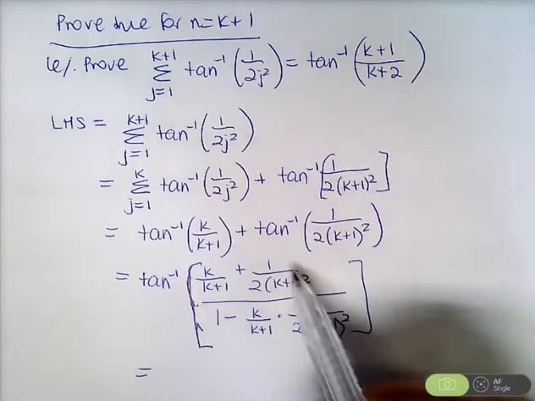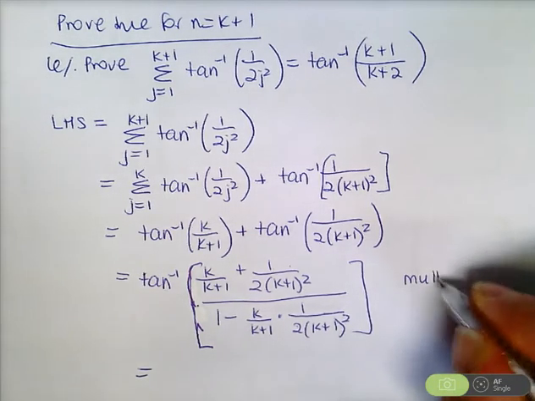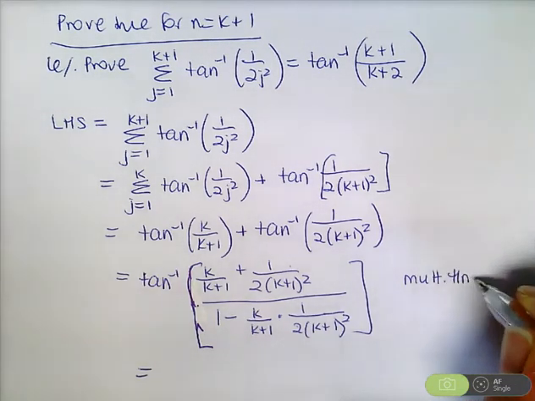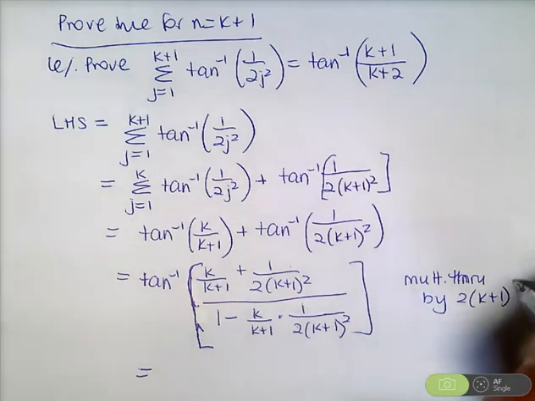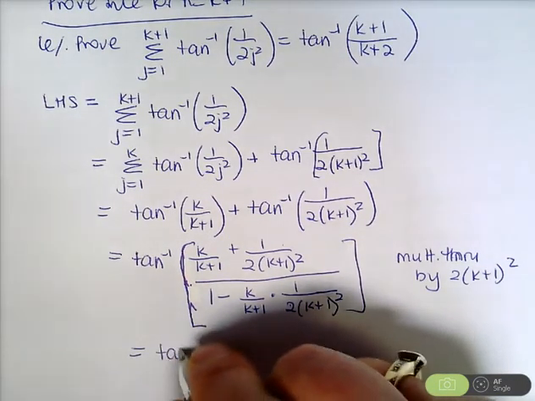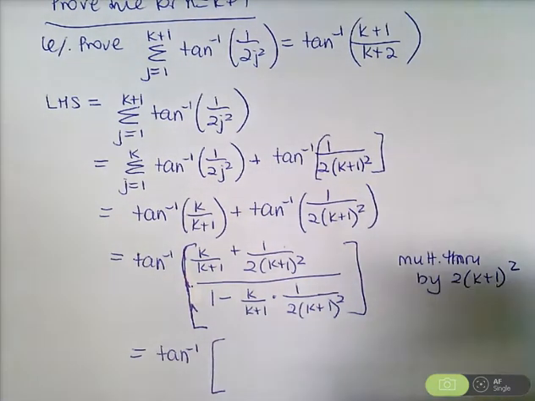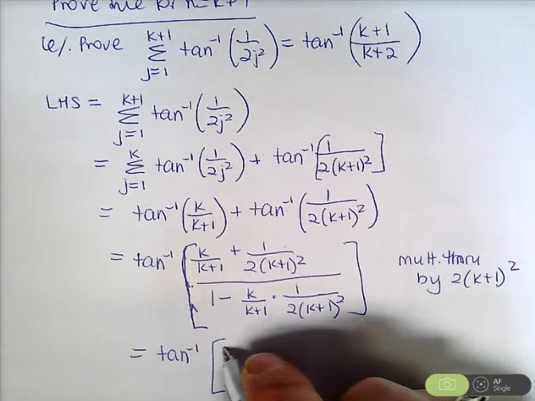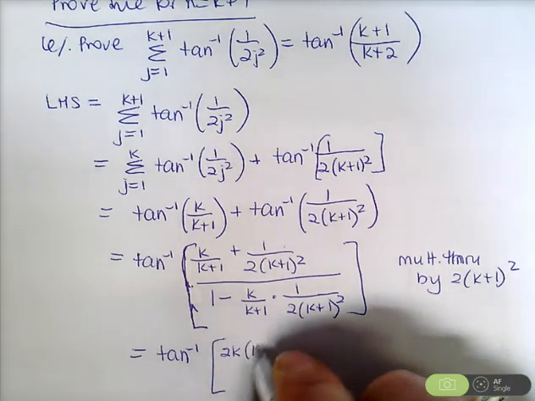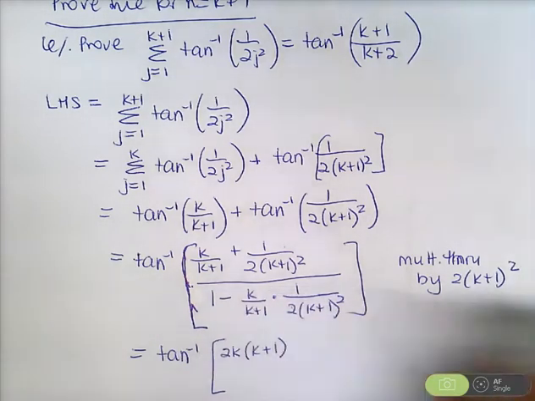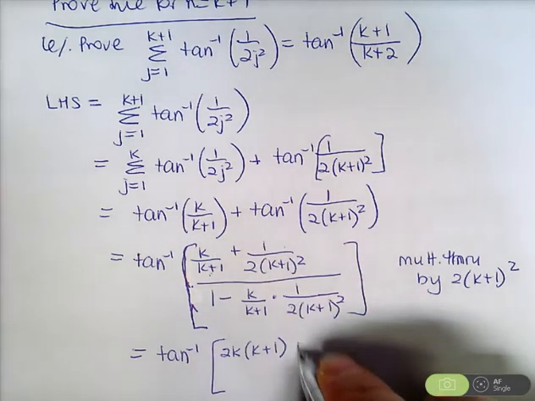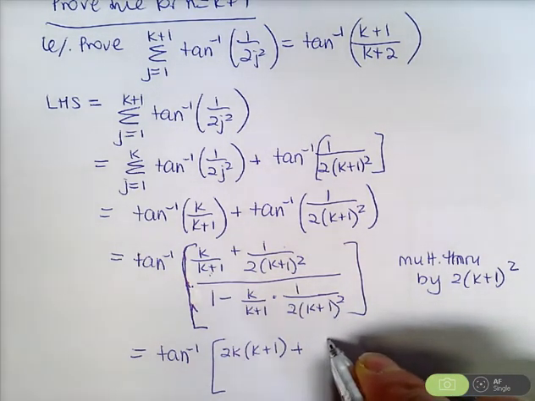Now if we multiply the numerator and denominator by 2 bracket k plus 1 squared, we will get the inverse tan of 2k times k plus 1 squared, one of the squares cancels with this, plus 1.